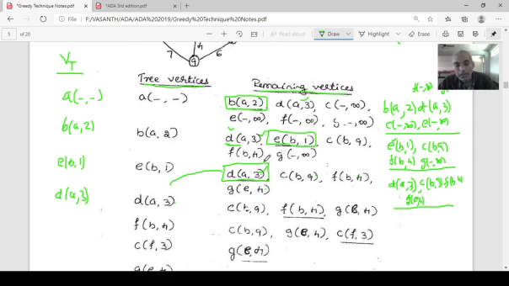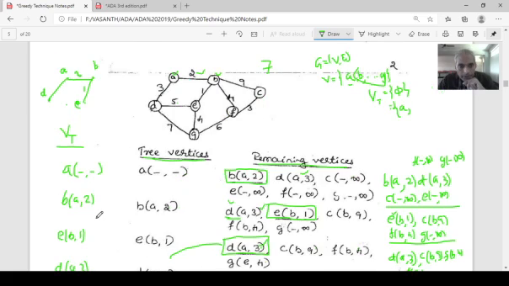Now from A, we start from first. From A, is there any edge directly to C? No. From B, yes, you are having an edge. Cost is 9. What about from E? From E you don't have. And what about from D? From D also you don't have. So the only edge to C is from B, right? And the cost is 9. So we will write B comma 9.